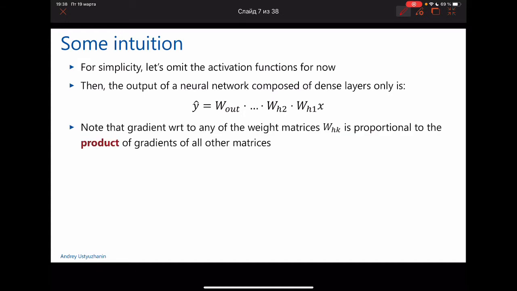Now what would be the gradient of such a function with respect to, say, any weight in the middle?